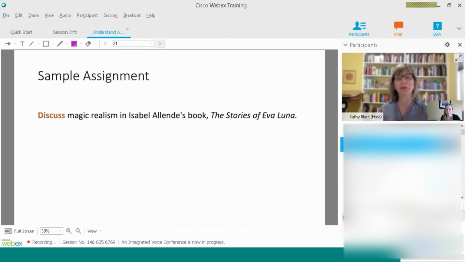Just on the citing and the note-taking, tomorrow in the workshop, we will be looking at a couple of different ways to track information and take notes while you're reading. Yes, this is a really important point that you need to track the source of your information as you're finding it.